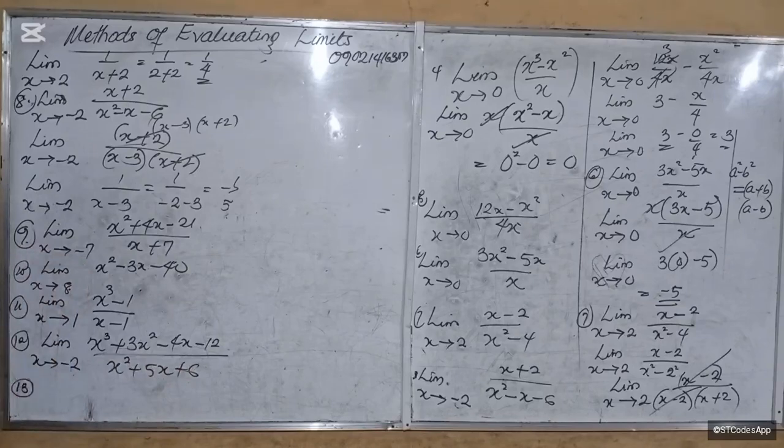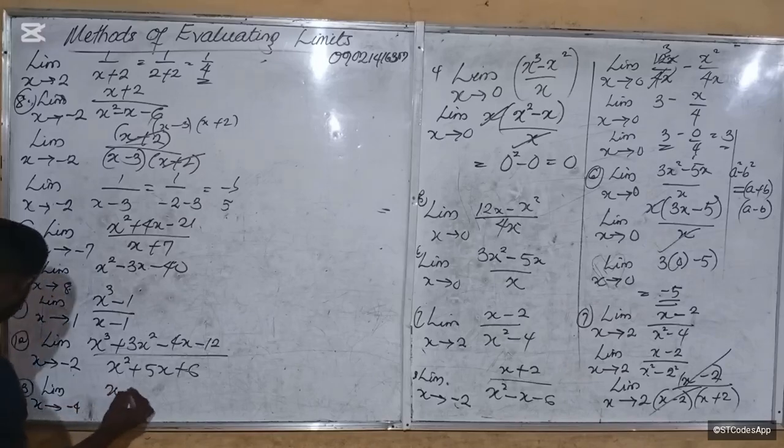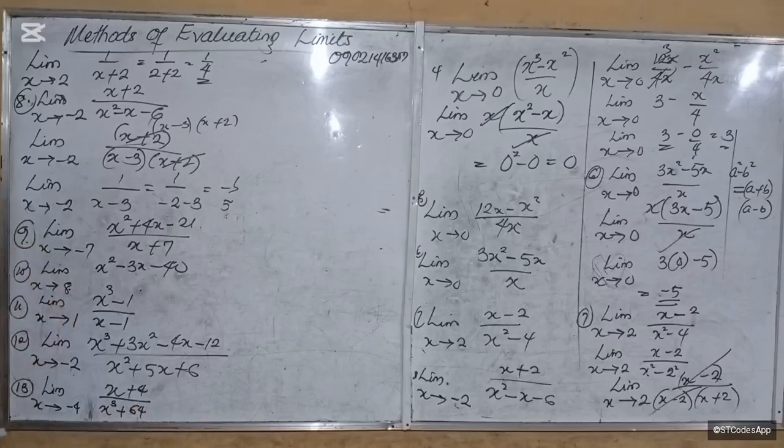And number 13 says the limit as x approaches minus 4 of x plus 4 over x cubed plus 64. All right.